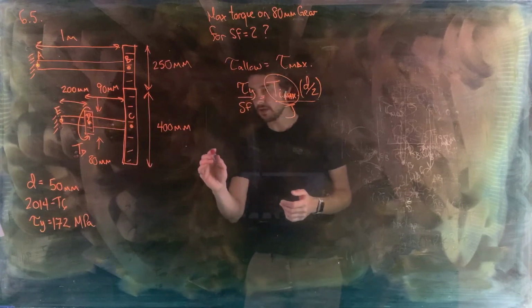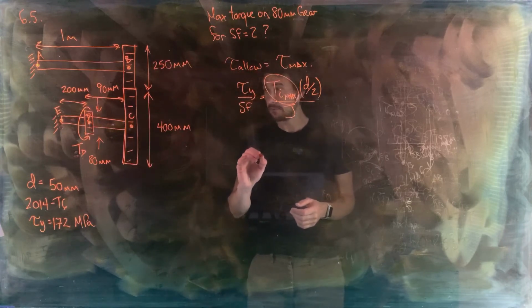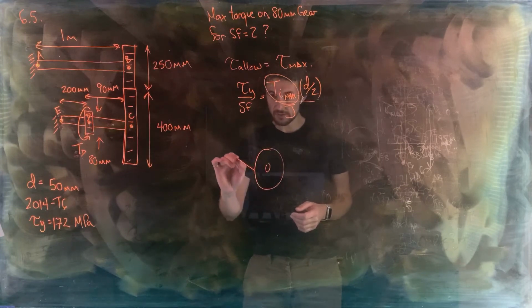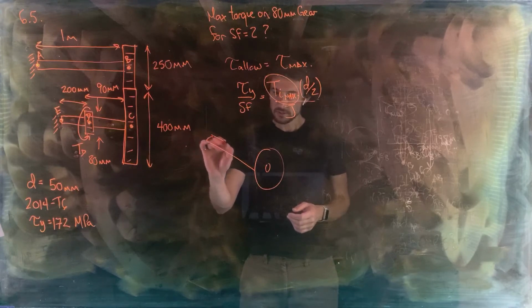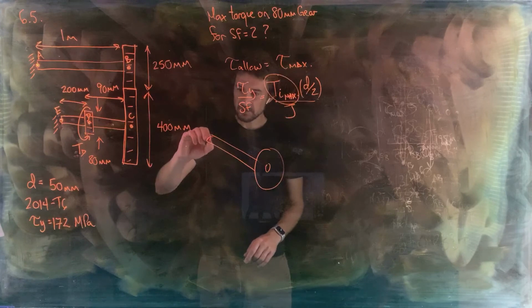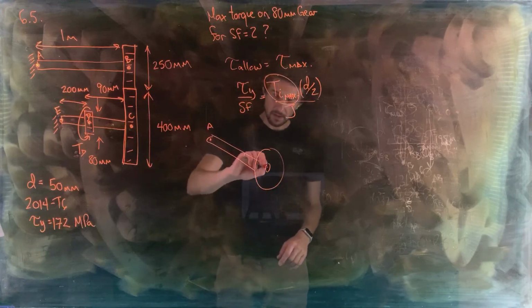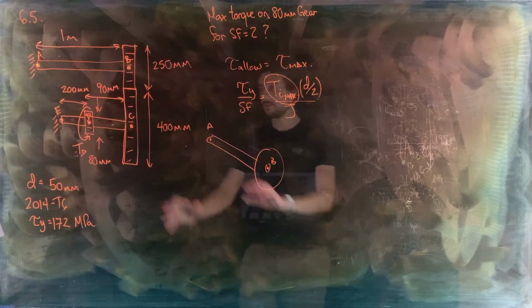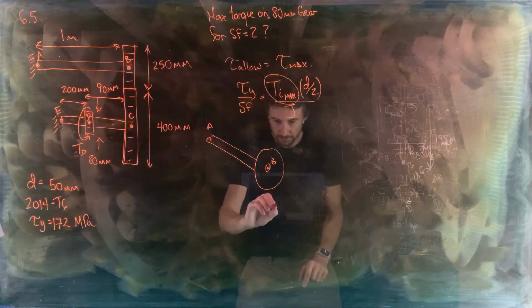I'll draw the top shaft first. I think it's helpful here to draw it in 3 dimensions. So there we go. That's the top shaft. This is point A over there, and this is point B there. And then we've got the lower shaft right below that.